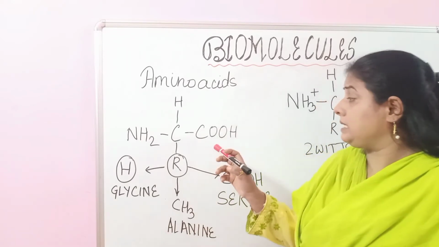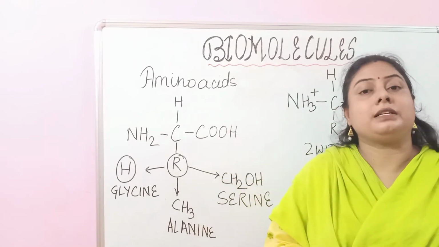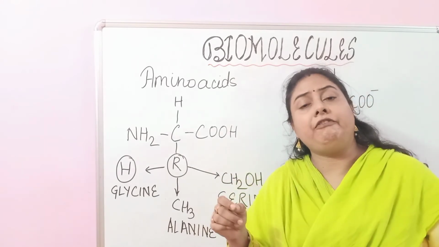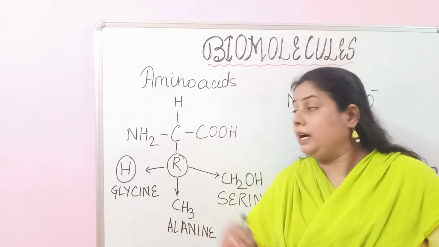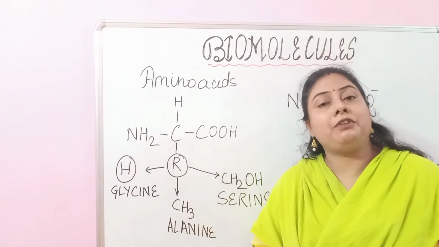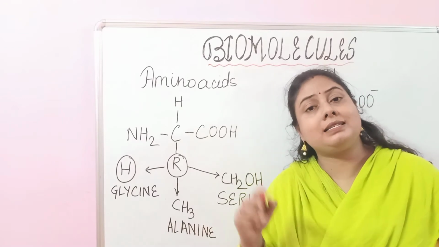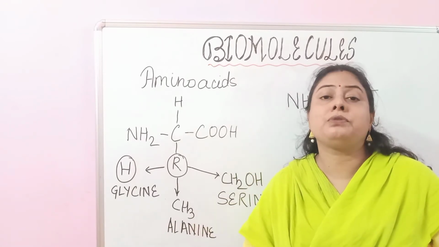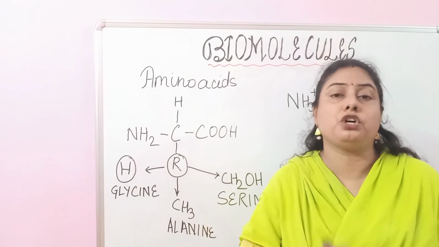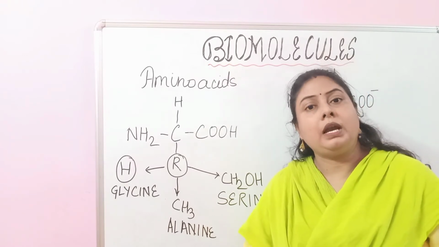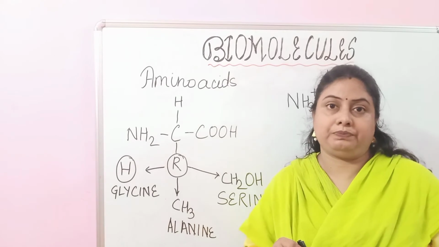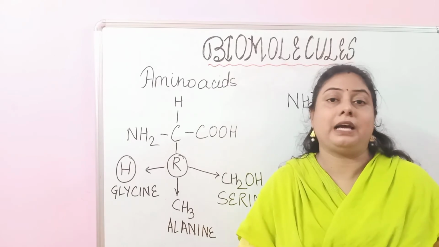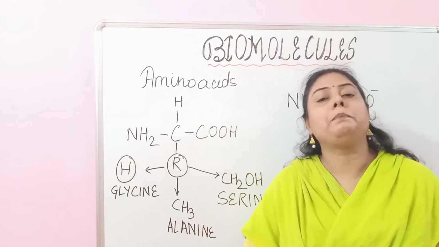Now, these amino acids have typical properties. They react with acids and bases depending upon the pH of the medium, and hence are amphoteric molecules, because they react with acids as well as bases.